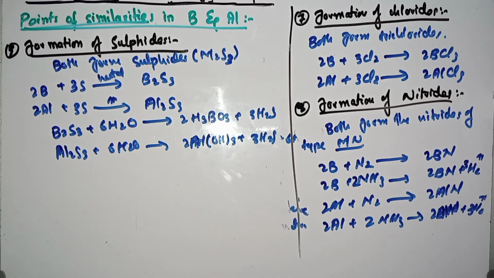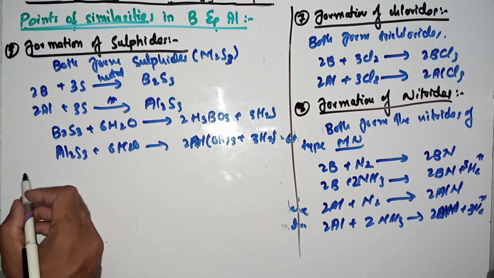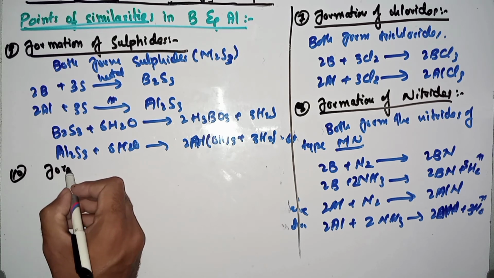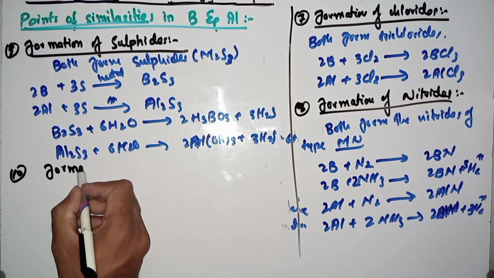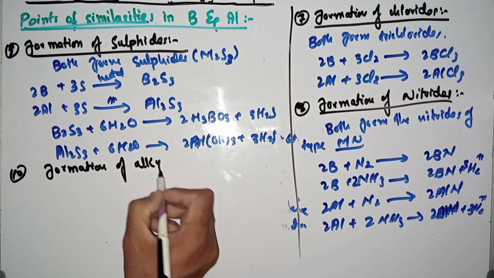So in these both cases, boron and aluminium both form the sulphides. Also, both can be used in the formation of alkyl compounds.